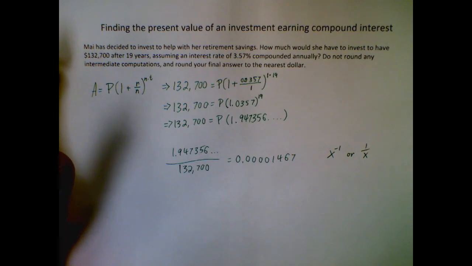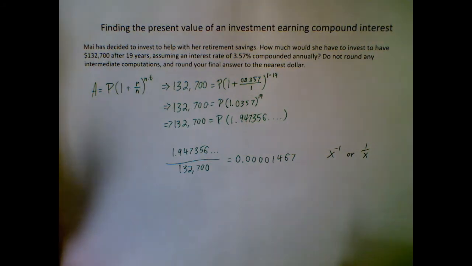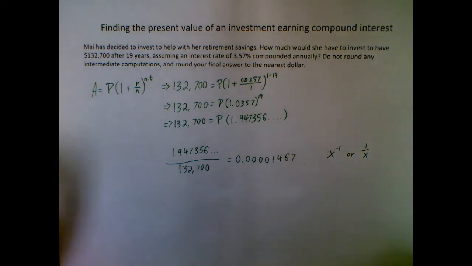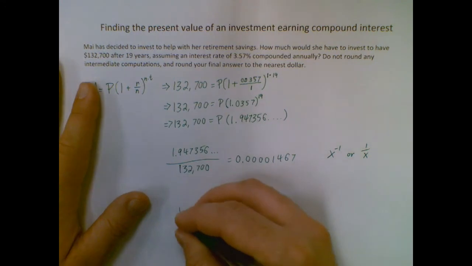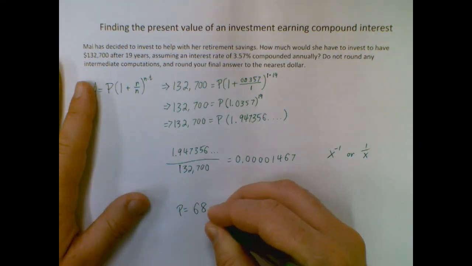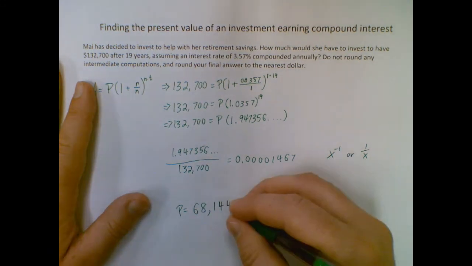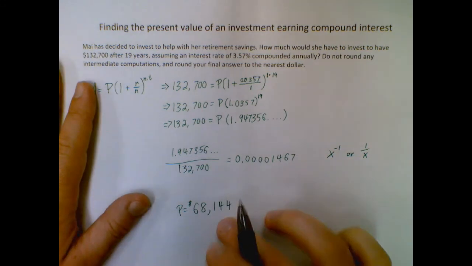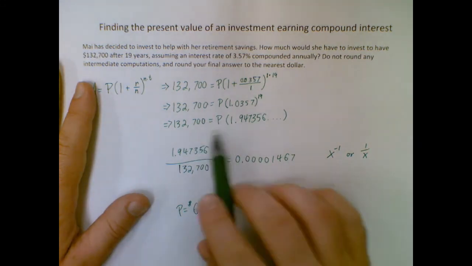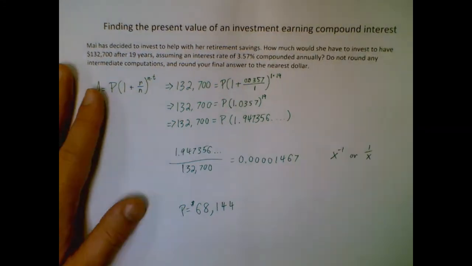If you have that button, go ahead and hit it, and maybe hit enter, depending on if it does it for you automatically, and it should give you a number that is approximately, because I'm going to round it, 68,140. It's 0.6, so I'm going to call it 144. So that's how you get this, even though your division is upside down. Okay, but your final answer is $68,144 to get her $132,700 in 19 years.